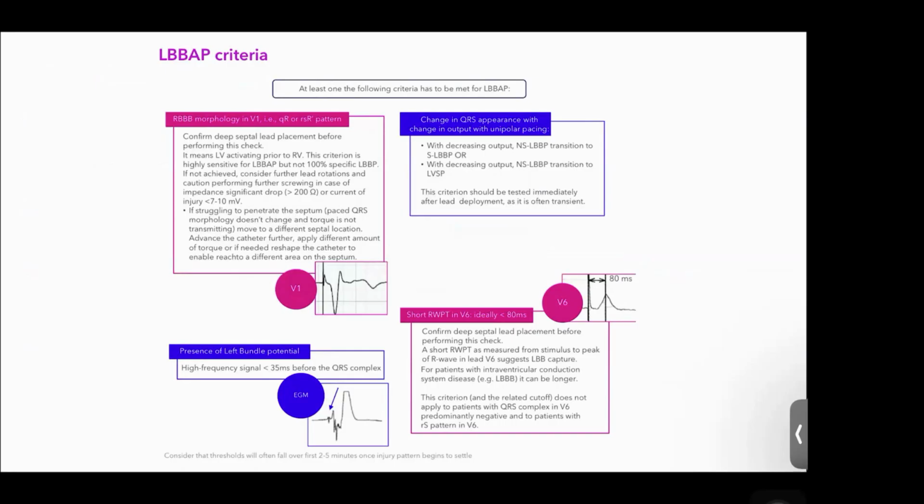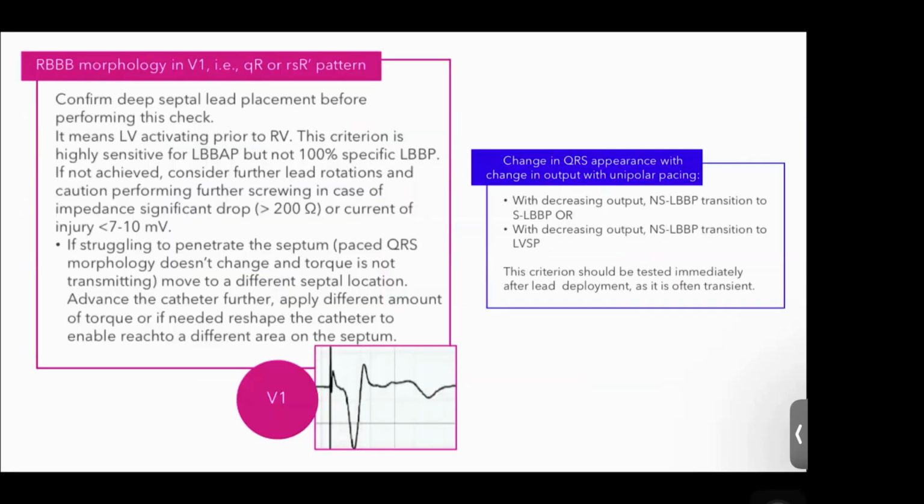In V1, right bundle branch morphology, either a QR or RSR' pattern, confirms deep septal lead placement before performing this check. It means that LV activation occurs prior to RV.